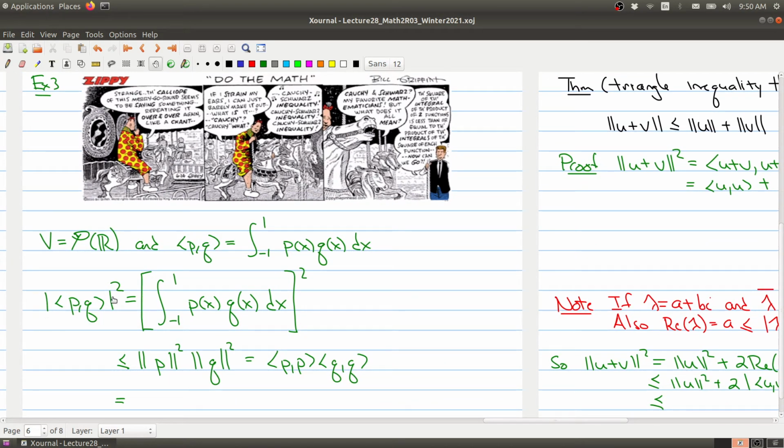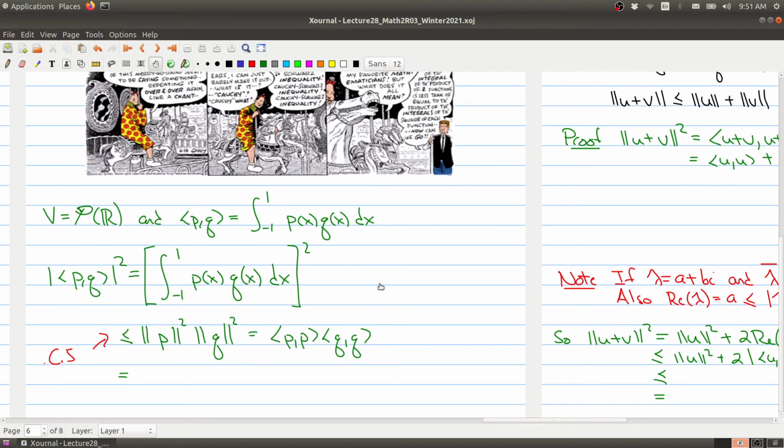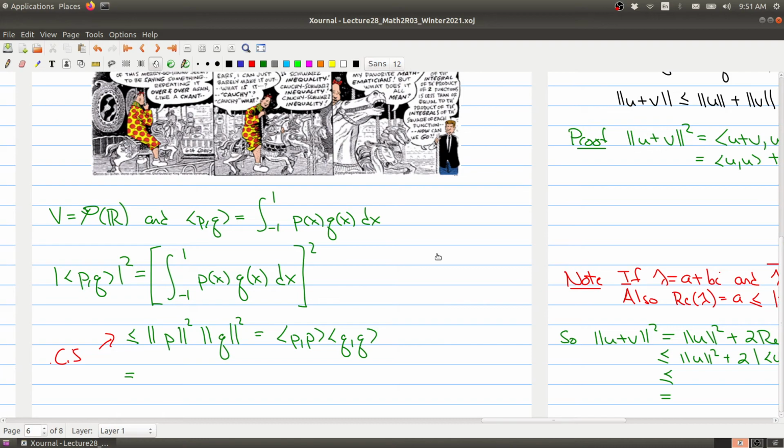So if we take the inner product of P and Q and then take the absolute value squared, we get the integral from -1 to 1 of P(x)Q(x) dx, squared. And this inequality here is Cauchy-Schwarz, which says that should be less than or equal to the norm of P squared times the norm of Q squared.